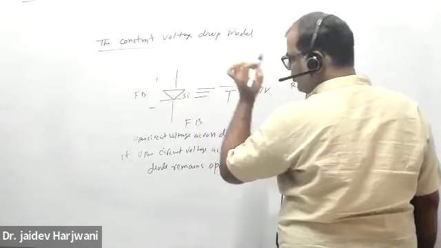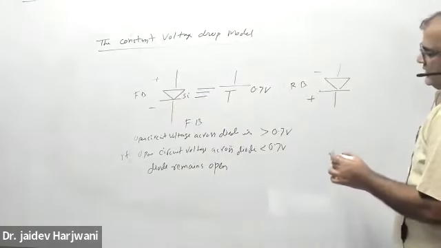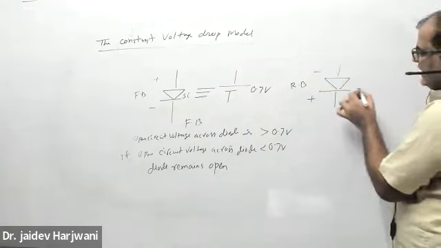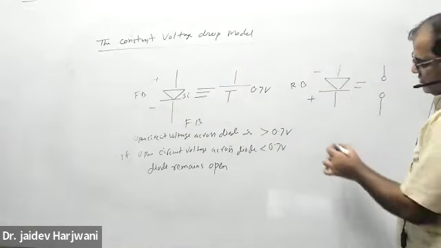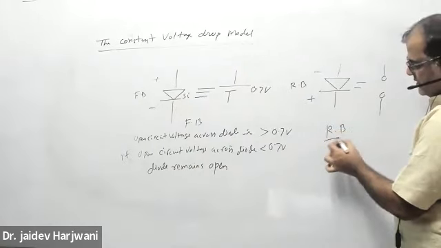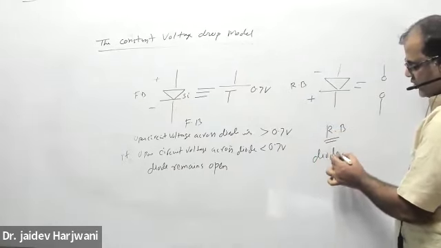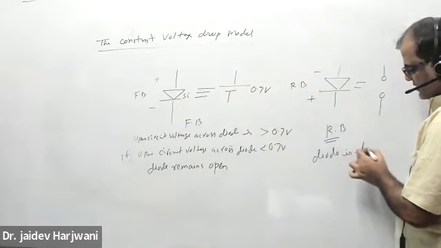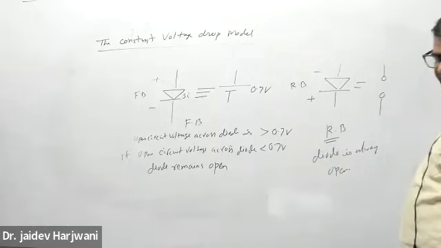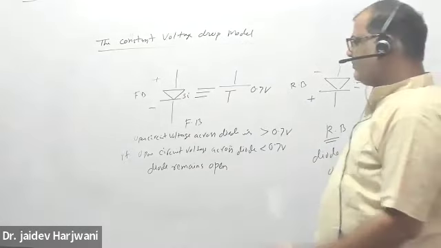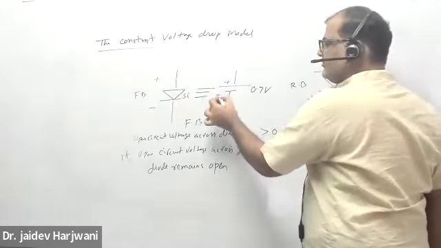So you have to replace it by an open circuit. And if it is reverse biased, you have to make the diode an open circuit. So in reverse bias, the diode is always open. And in forward bias, you can replace it by a battery, positive plate to positive.